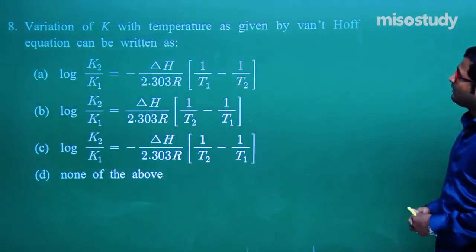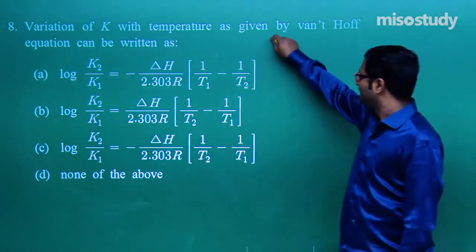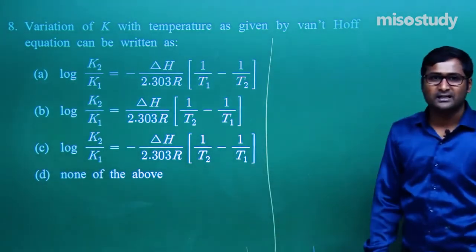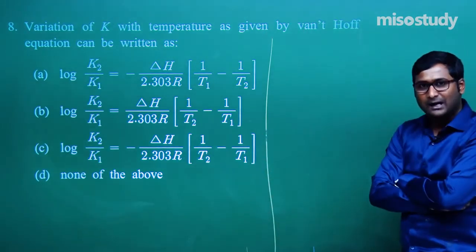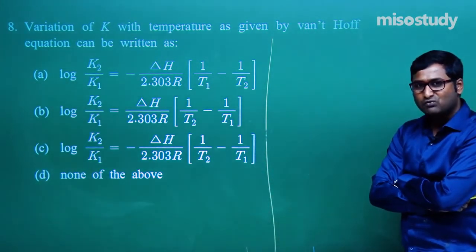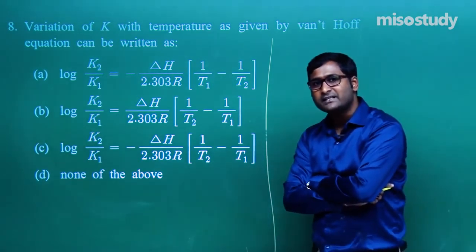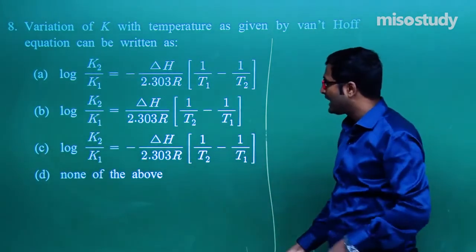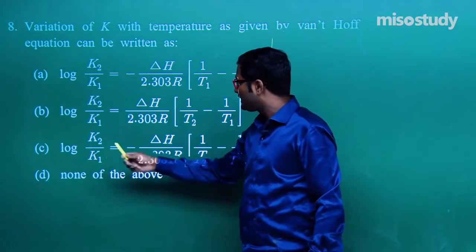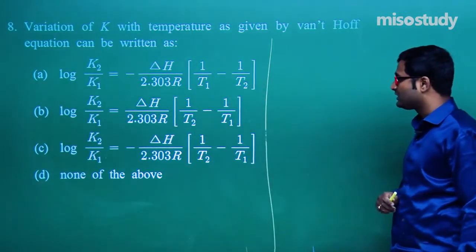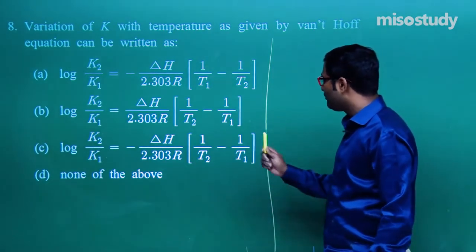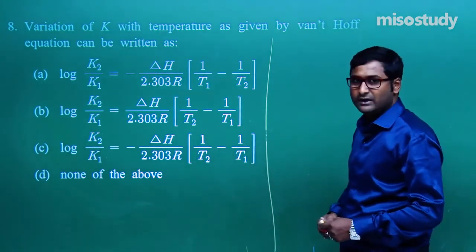Now let's move to the next one. Variation of K, Arrhenius equation, extension of Arrhenius equation. Do you remember this? Now it's your turn, you have to solve. I have derived the formula. As we know, the value of K changes with temperature. Look at log K2 upon K1 is equal to minus delta H upon 2.303 R into T2 minus T1 upon T1 into T2.